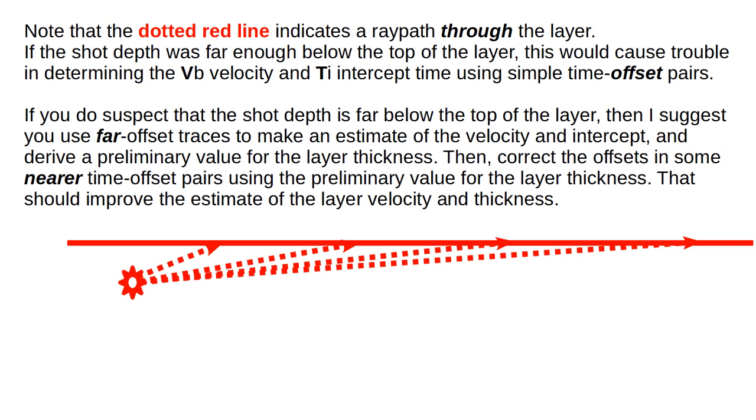If you do suspect that the shot depth is far below the top of the layer, then I suggest you use far offset traces to make an estimate of the velocity and intercept and derive a preliminary value for the layer thickness. Then correct the offsets in some near time offset pairs using the preliminary value for the layer thickness. That should improve the estimate of the layer velocity and thickness.